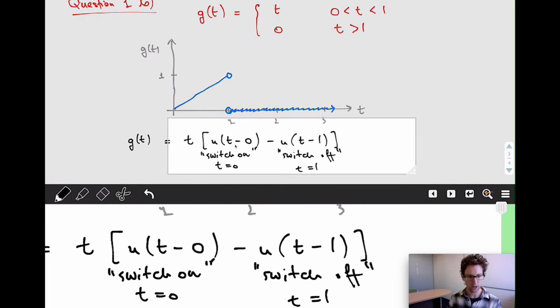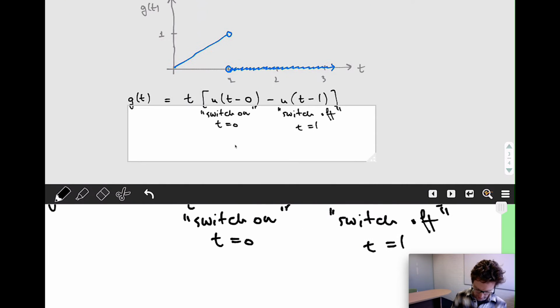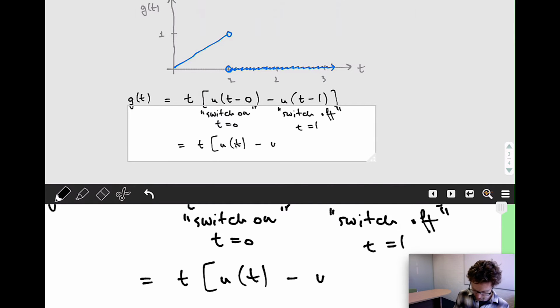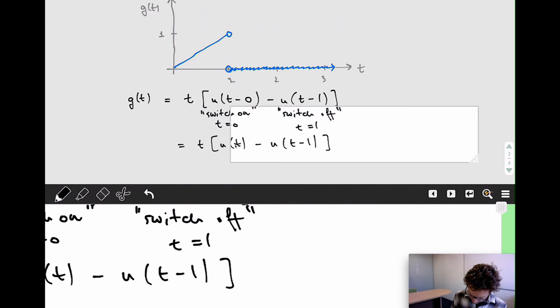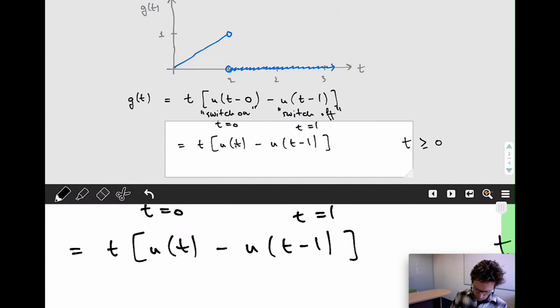Now notice that I've got a u of t minus 0. Let's write that out again. So I've got t times u of t minus u of t minus 1. And remember that for these Laplace transform problems, I'm really only interested in values of t greater than or equal to 0. So what I have here is u of t, that's u of a positive number, right?